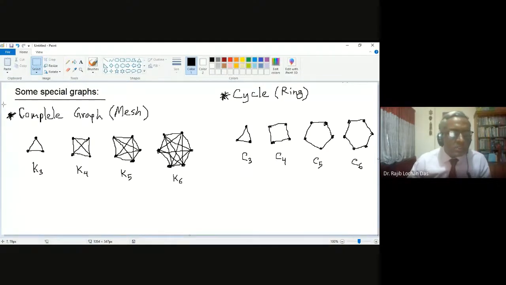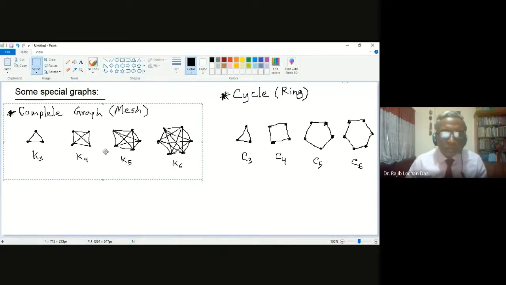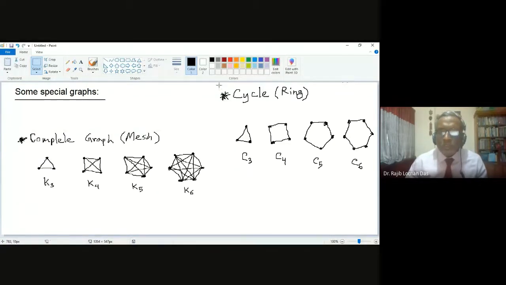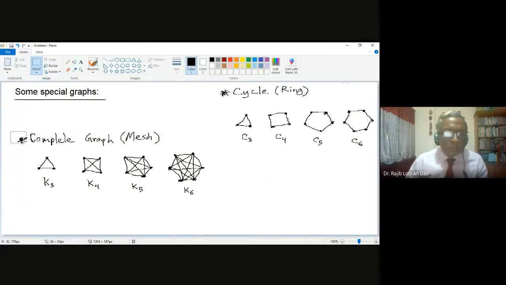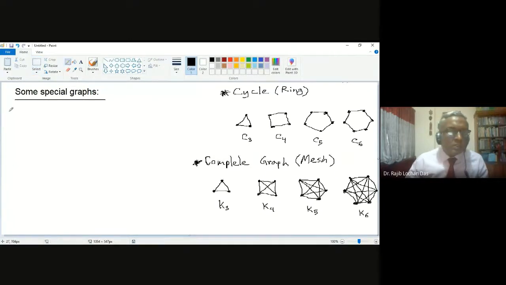Let me just erase this part. I just make it a little squeezed. Okay, so let me write another type of graph. It is called the wheel, the wheel graph.